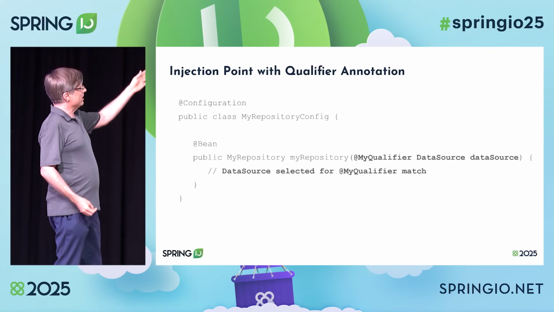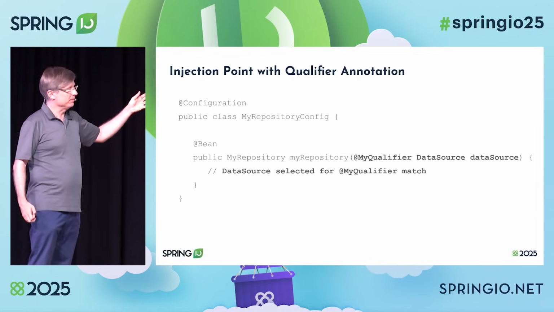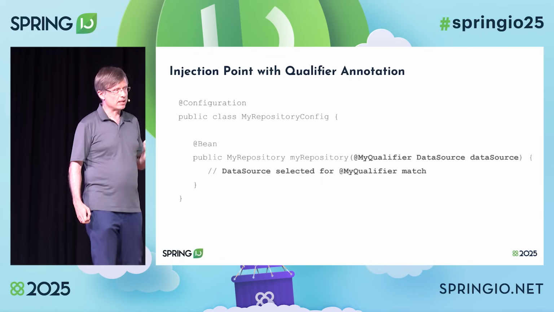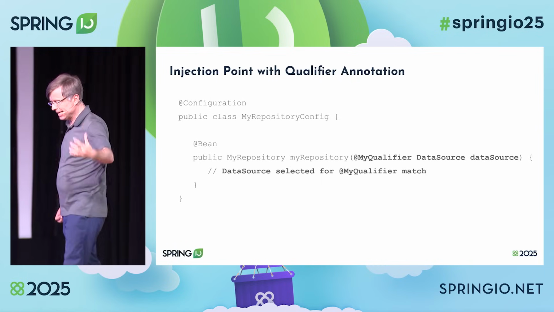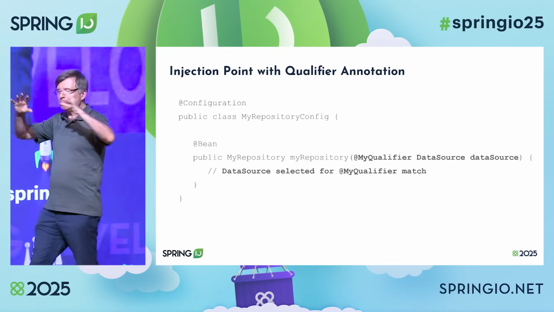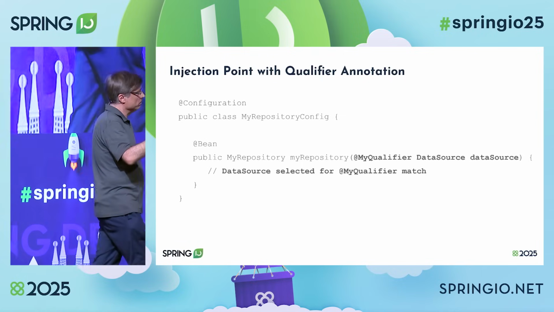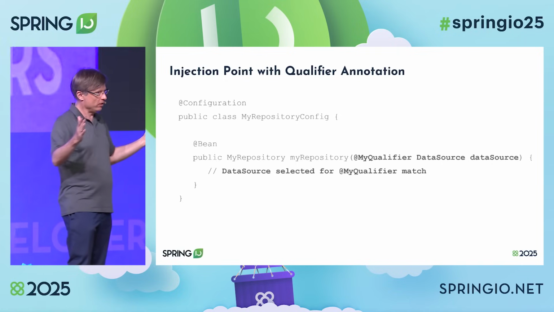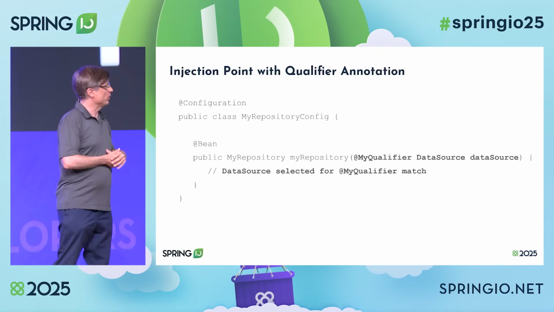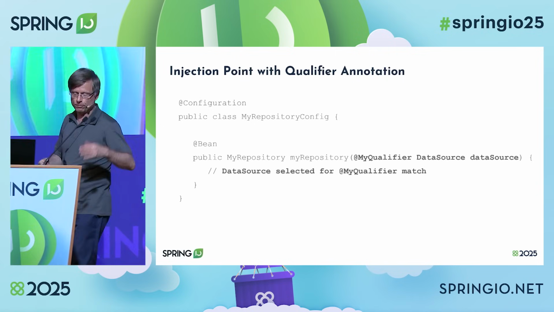Whereas here, you're basically saying, I want a single data source, it could be multiple actually, that are annotated with a particular qualifier that you defined. A custom qualifier annotation that makes sense in your code base, in your architecture, and among multiple data sources that happen to be present in your application context, all of them probably having a different qualifier attached, you want the one with a particular qualifier here, generically named myQualifier. Could be any name, it's an annotation of your own, right?